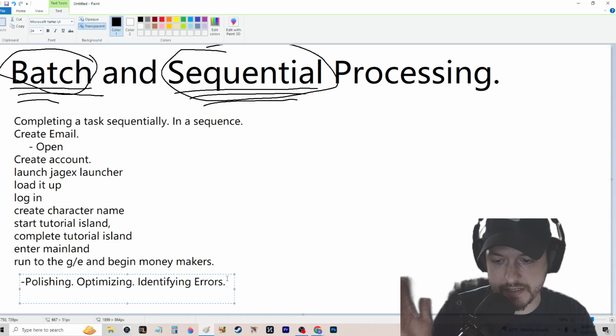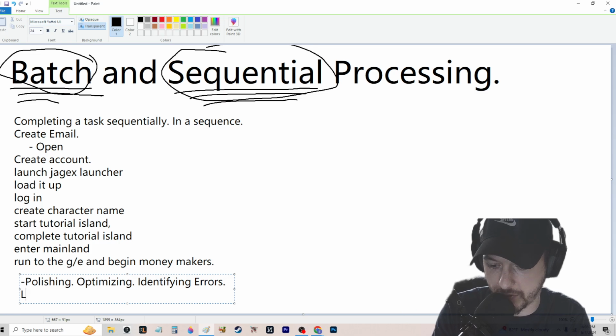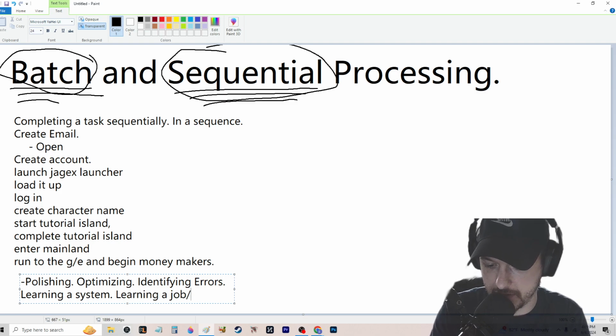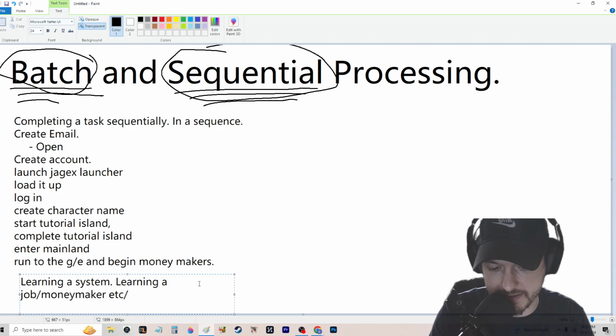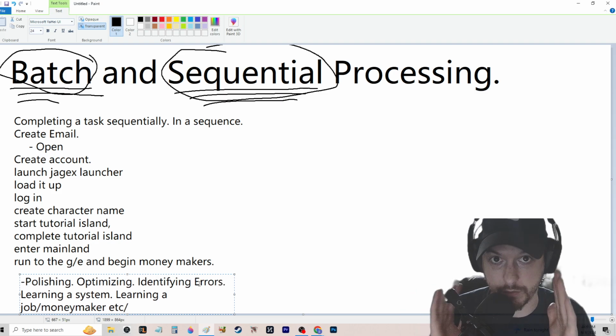Also, learning. This is very important too. Learning a system. Learning a job, moneymaker, etc. You know what I mean? So that's the largest utility of sequential processing.